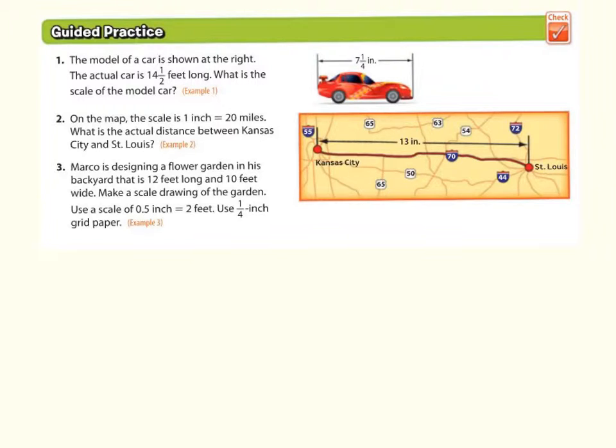So our answer is going to have a model representation as well as an actual representation. But for numbers 2 and 3, they give us the scale to use, and that scale is going to be our first fraction. So don't forget number 3, you're going to have to set up two proportions, one for the length and one for the width.